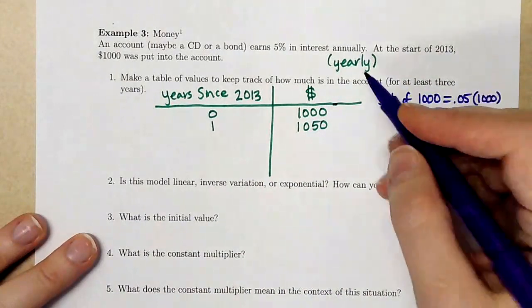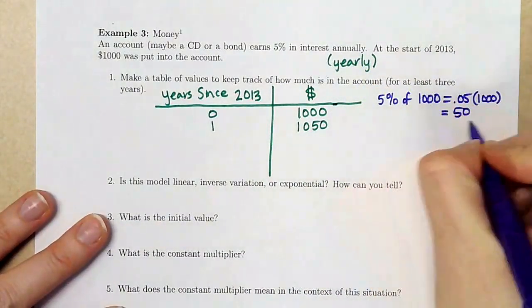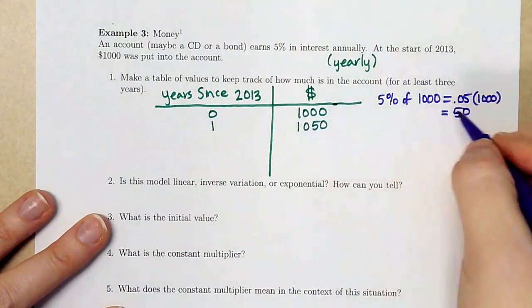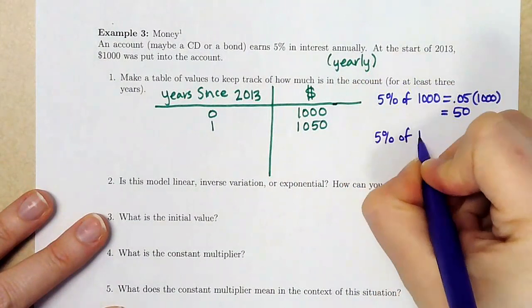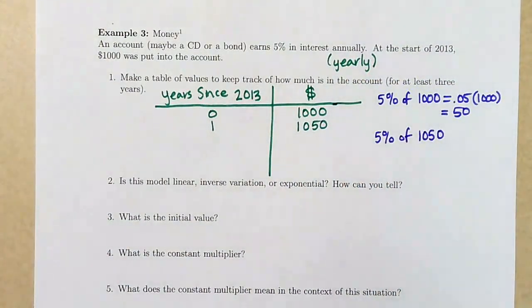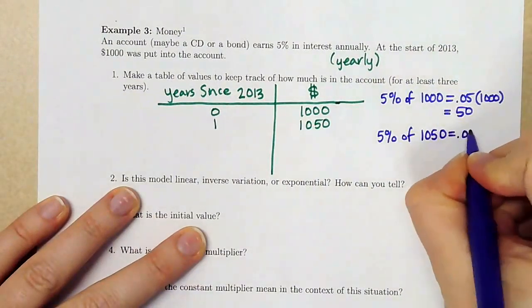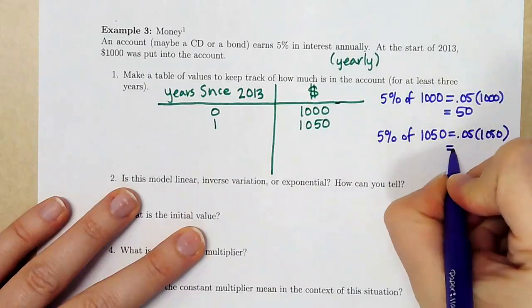But then in the next year, in 2015, it doesn't take 5% of 1,000. This is called compounding. It takes 5% of 1,050 because now that's how much is in the account. How much is that?